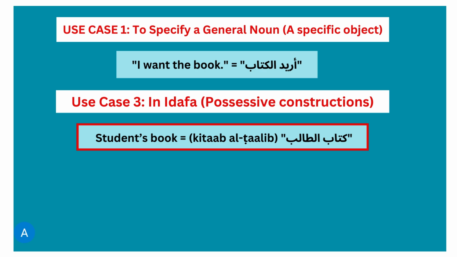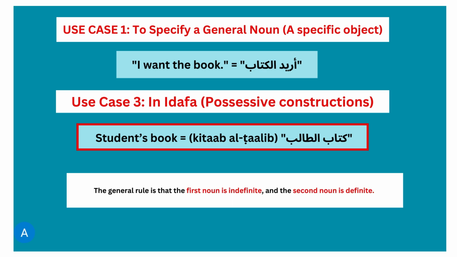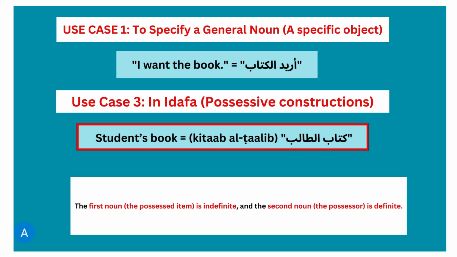Because here the two words kitab and talib are both nouns. And when the nouns are joined in this way, where the first noun is indefinite and the second noun is definite, then it takes the form of idafa, where the first would be the possession, which is kitab, and the second definite word would be the possessor, like whose possession is this, it will come next.